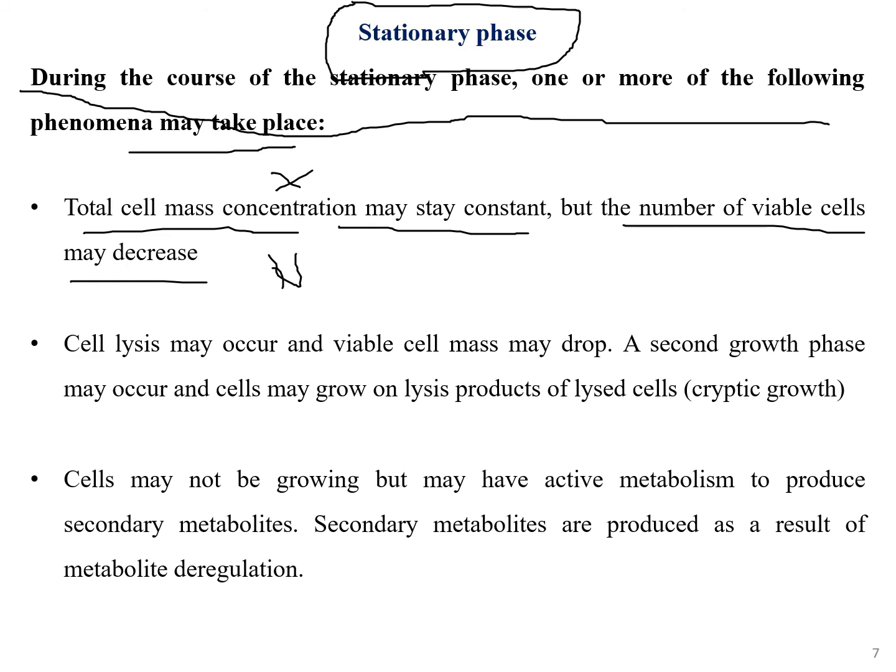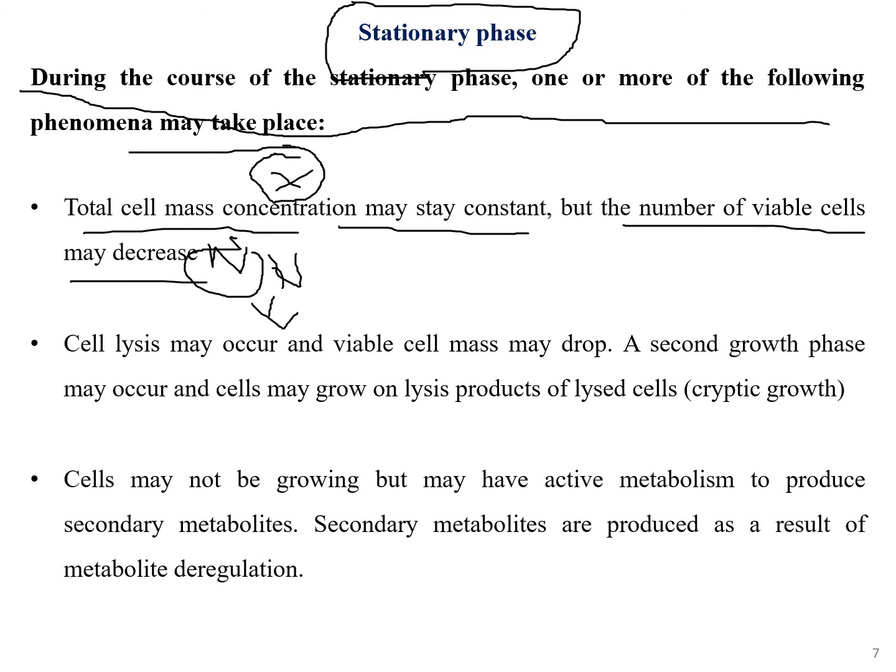The total cell mass concentration, denoted by X, may stay constant, whereas the number of live or viable cells, denoted by N, may decrease. So the number of cells decreases, whereas the cell concentration remains the same.